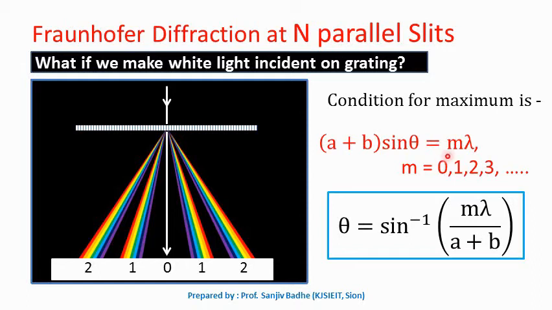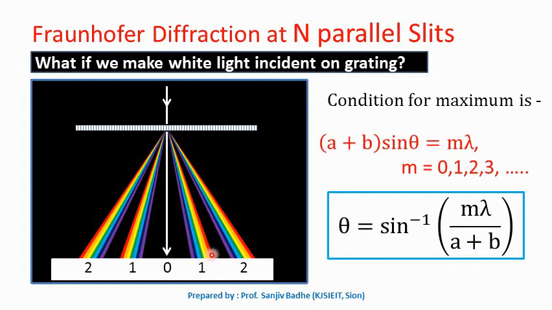So when you put m equal to 0, for any value of lambda, theta will be equal to 0. So in the 0th order maximum, all the wavelengths will be merged, and therefore the 0th order maximum can be seen as white in color. If you put m equal to 1, then as the value of lambda changes, theta will change. And therefore in the first order we can see different colors, because theta is different for different wavelengths.